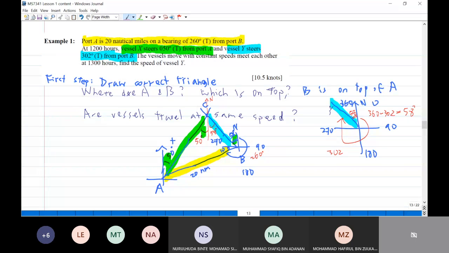So get 58 here. From here, you can find out where angle C is now. Angle C is made up of two angles. One on the left side is 50, and on the right side you get 58. So angle C is 50 plus 58, get 108.